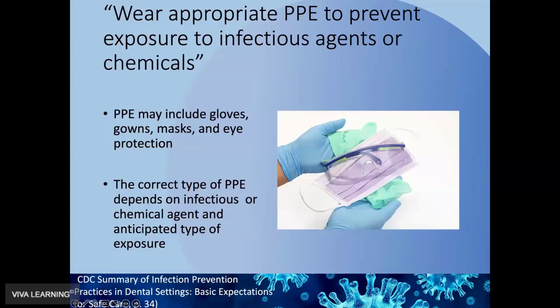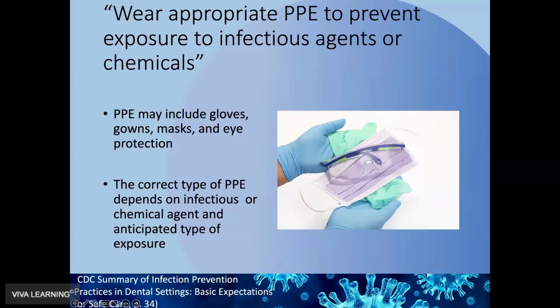Now, appropriate personal protective equipment should be worn to prevent any exposure to infectious materials or chemicals. Let's face it, some of the chemicals that we use in dentistry are pretty harsh, and we need to make sure that we're protected against them. So PPE may include a combination of gloves, gown, masks, and eye protection.